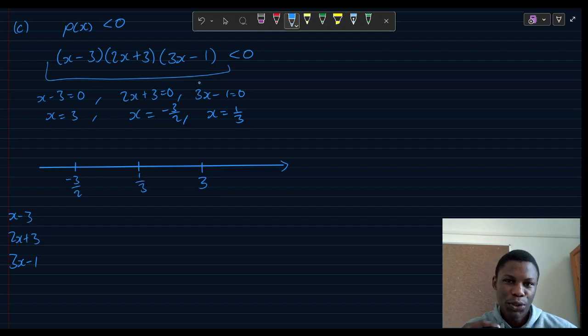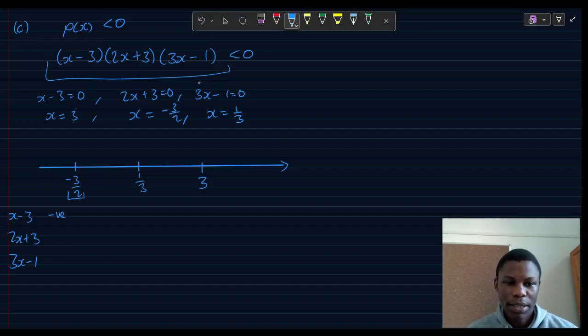And what you do now is you're going to look at each bracket. So x minus 3, when is that positive and when is that negative? When x is less than negative 3 over 2, this is always going to be negative, because if I take x as negative 2, I end up with negative 5, which is negative.